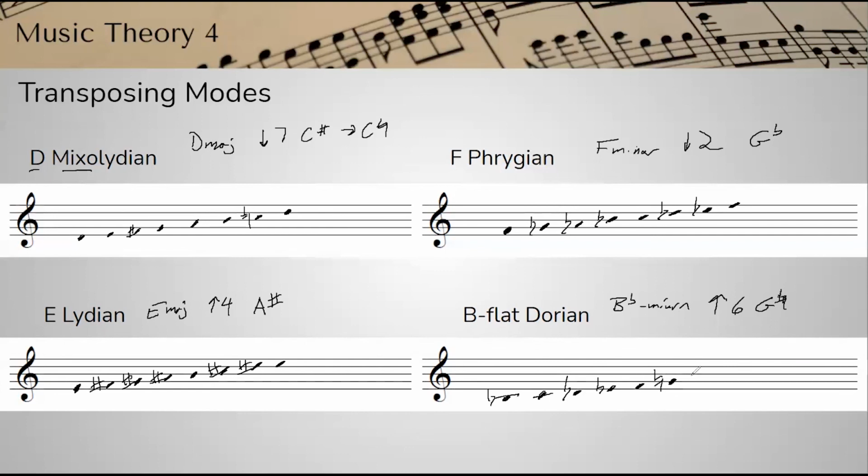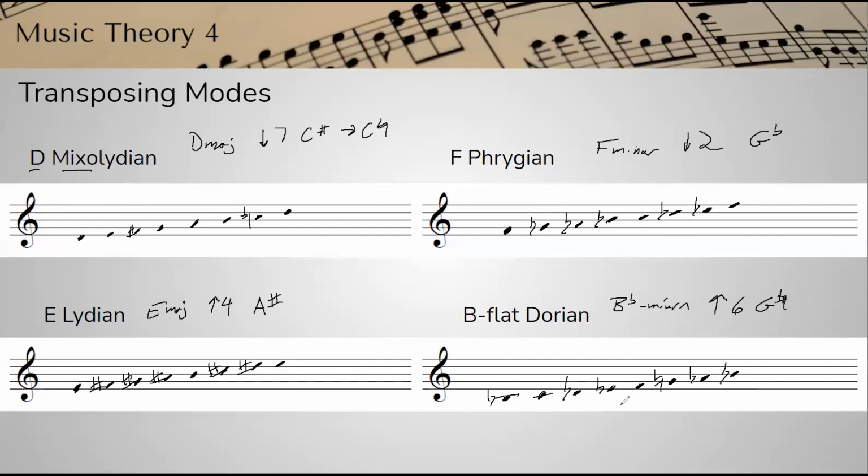And I'll put the natural there. Then it should have an A flat, and then end up on B flat for our last note. There we go, B flat Dorian.